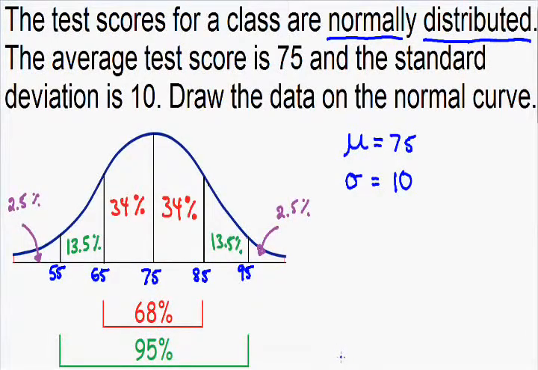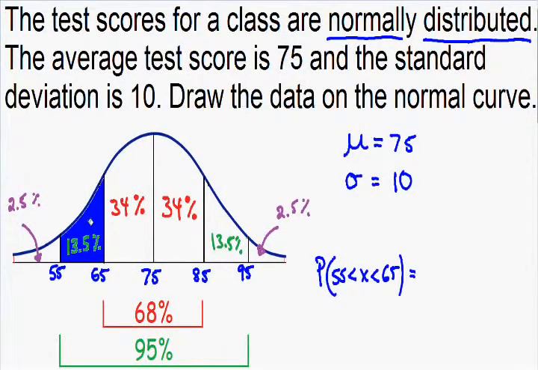Okay, so now I hope you're getting a good idea of how powerful this curve really is. You can really predict any student's test score. So let's do it one more time. Let's find the probability that a student's test score is between 55 and 65. Okay, so the only thing that we need to do to find this probability is find the area between 55 and 65.